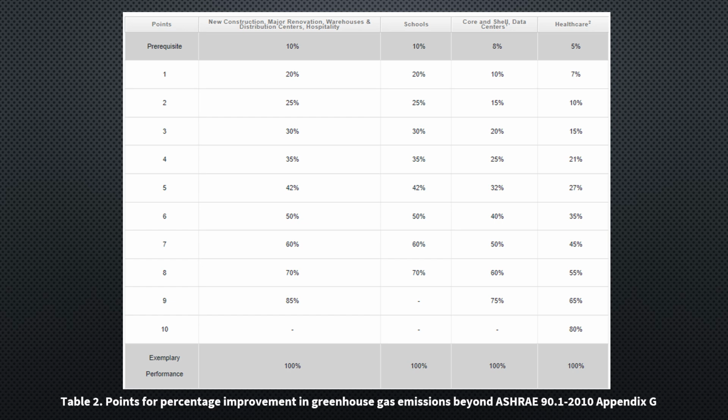For achieving the prerequisite, a 10% improvement in greenhouse gas emission is required. For schools also it is 10%, commercial it is 8%, and healthcare it is 5%, and for additional increments they also award points accordingly, and for a 100% improvement it is noted as exemplary performance.